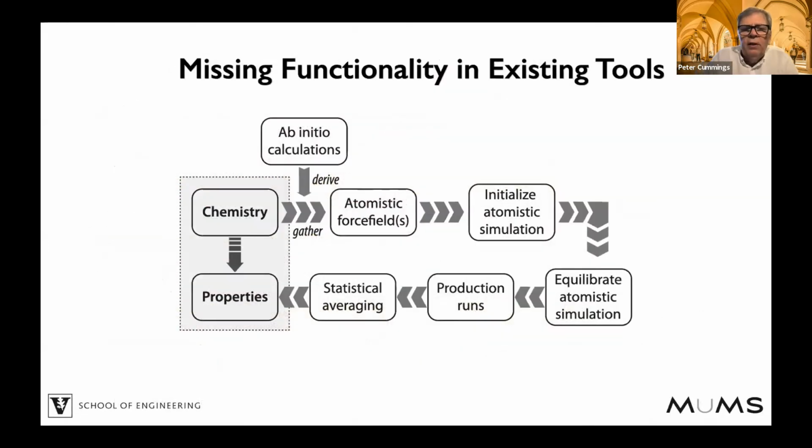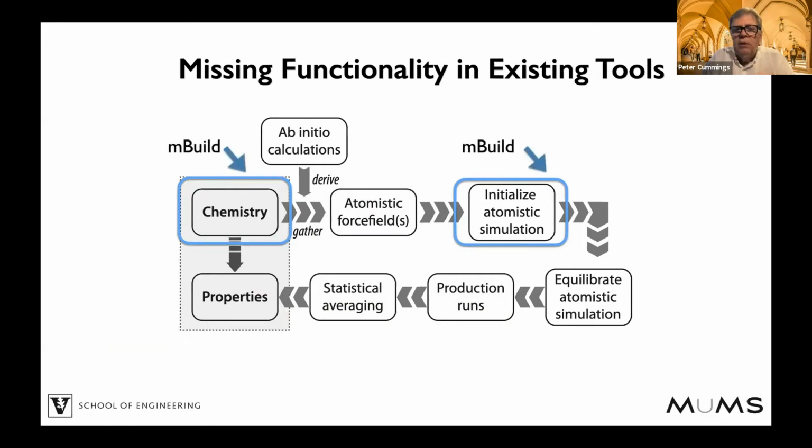So if we look at this series of steps that's needed to perform a molecular simulation, whether it's molecular dynamics or Monte Carlo, the first thing we have to do is take the chemistry of the system and initialize the system. To do this, you need to build a system, and that's the role of mBuild.